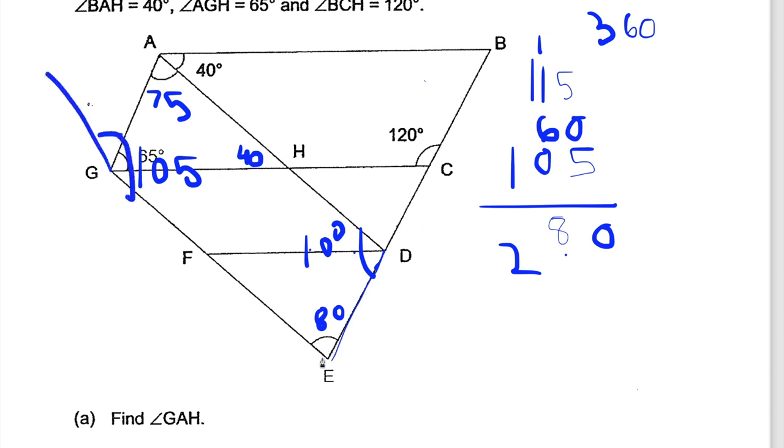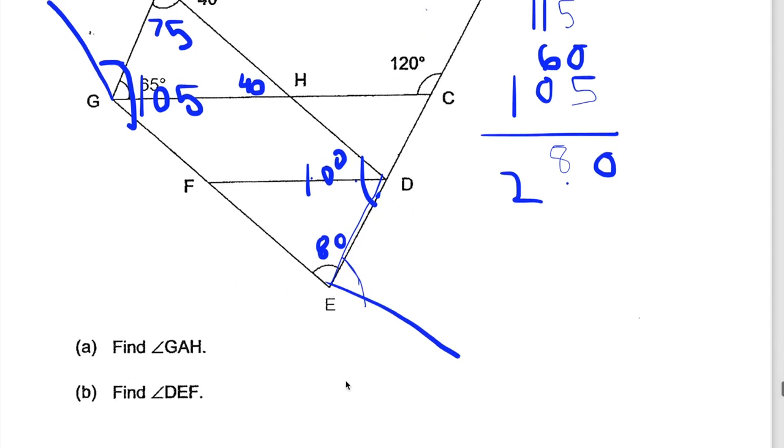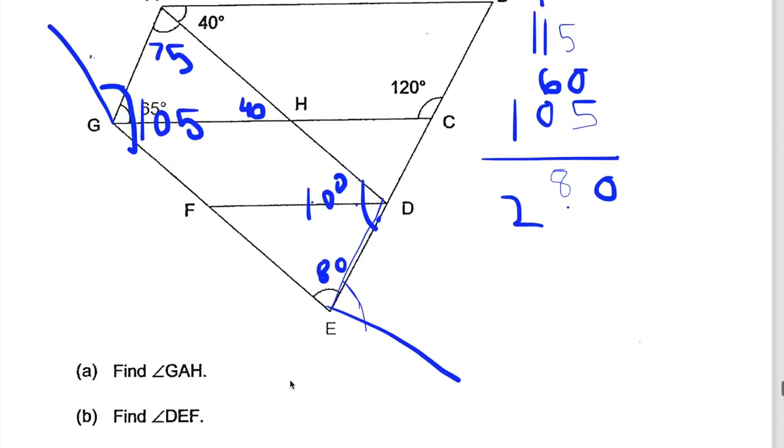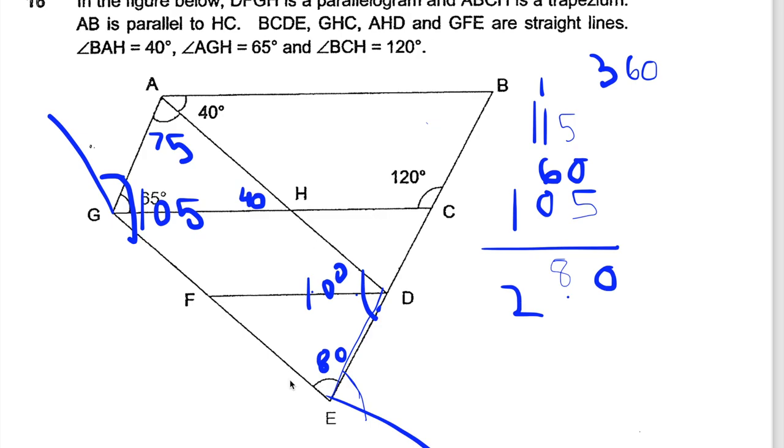And if we draw over here, this 100 will come here, and 100 plus 80 is 180, another straight line. So AD and GE are parallel, but AG is not parallel to DE. That is false. So this was one question. Thank you.